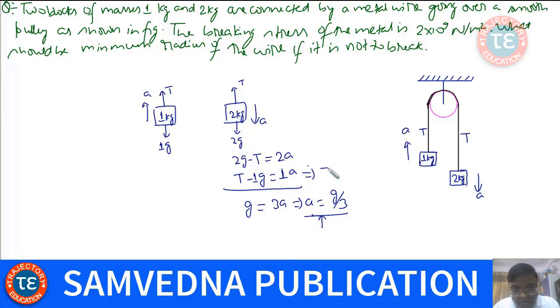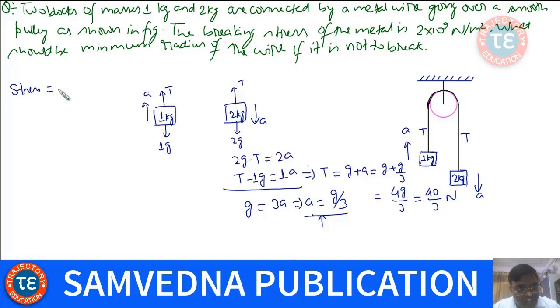So if I put it over here, that will give you T. T is g plus A, so this would be 4g upon 3, and if I put the value of g equals 10, it is 40 by 3 Newton. That's the tension, right?